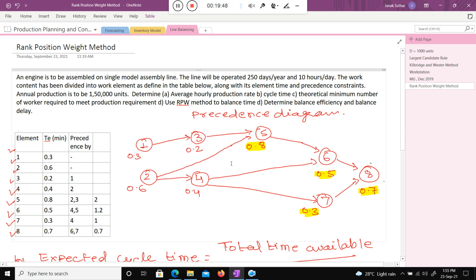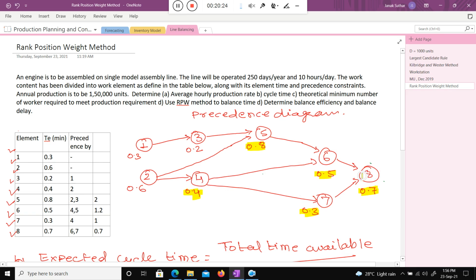Okay, good. Now the next point, for 4 I need to calculate the weight. The time of that particular work element 4 is 0.4. Now how to go from 4 to the end of the precedence diagram, which is 8? One path is 4 to 6, 6 to 8, and one more path is available, 4 to 7, 7 to 8.